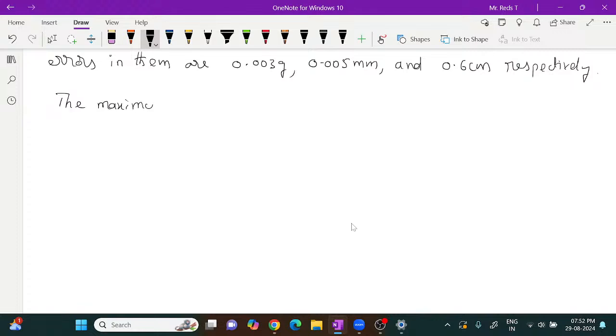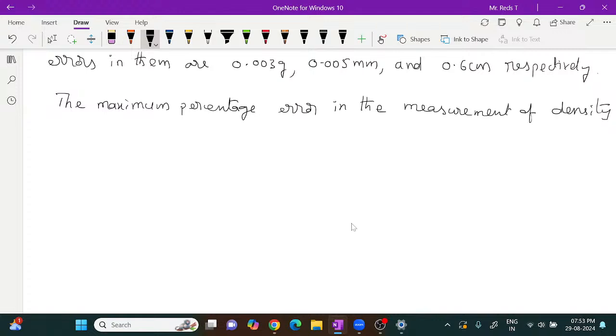the maximum percentage error in the measurement of density of the wire will be, right?